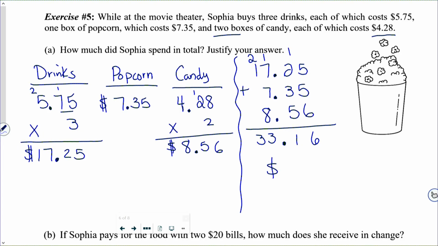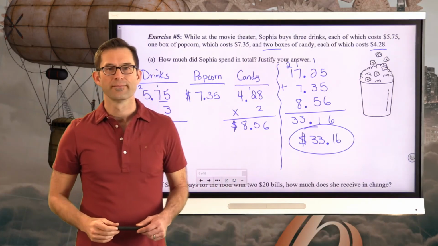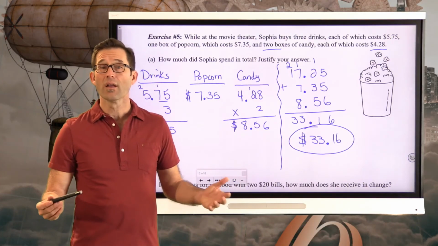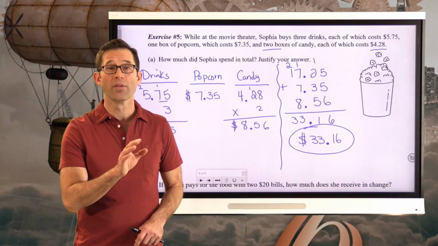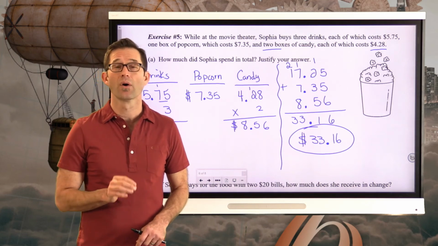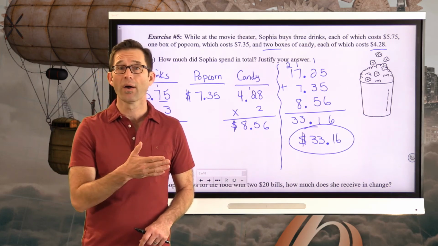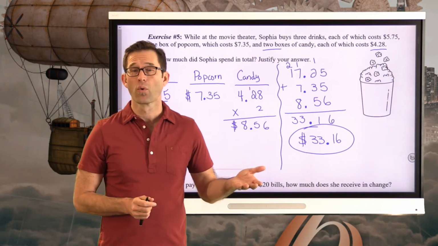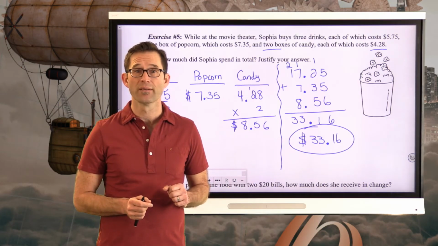So, a grand total, most of which was spent on drinks, $33.16. Again, not too bad. It's mostly about the multiplication of decimal quantities by whole numbers in this problem, and then of course just adding some numbers at the end.